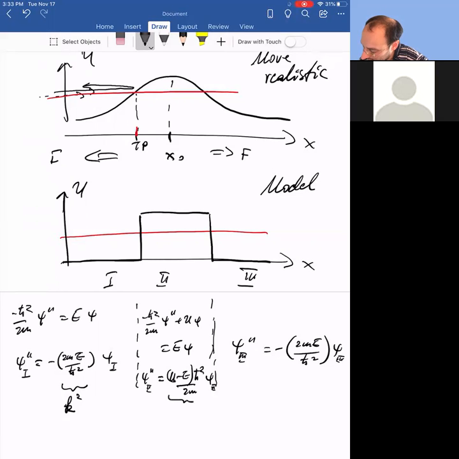And you see that this is a positive quantity. U minus E is a positive quantity. I'm going to call it kappa squared, okay? I think your textbook maybe calls it alpha or something like that. Okay, so it's E minus U, and then there's a minus sign.